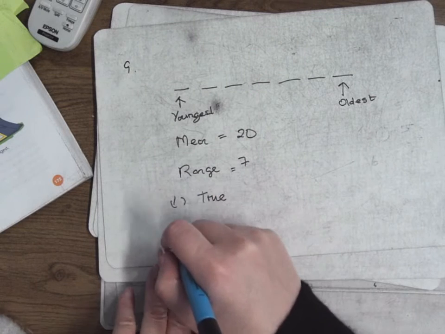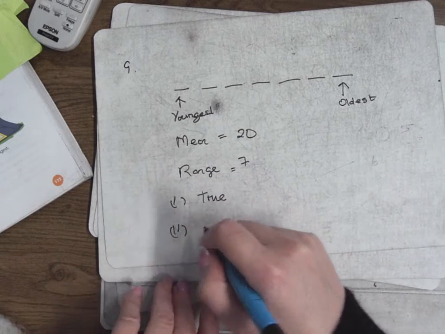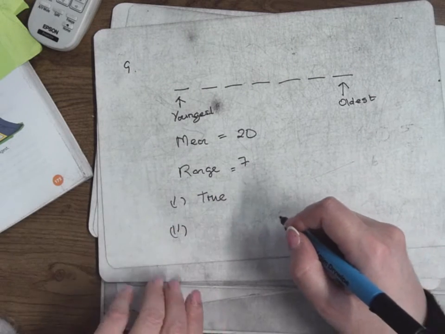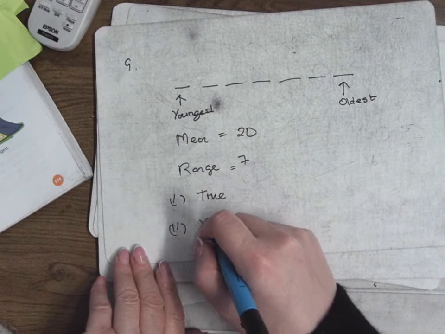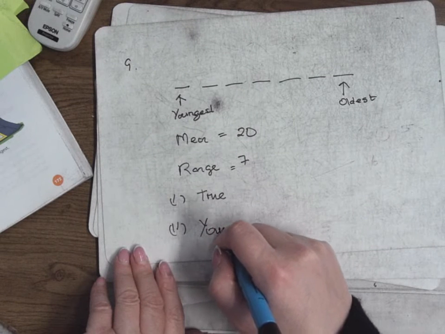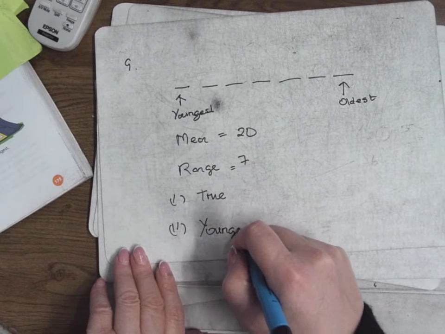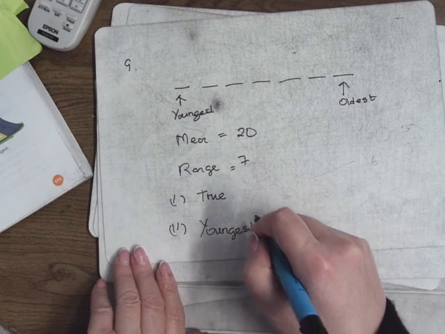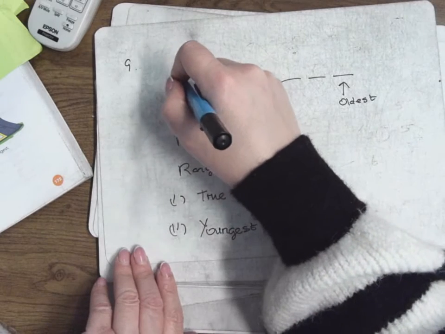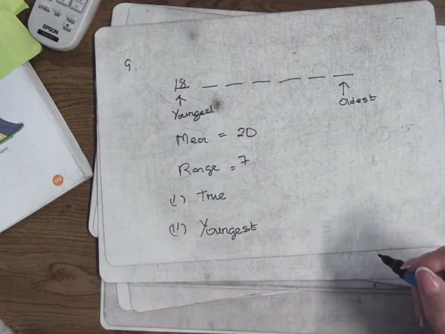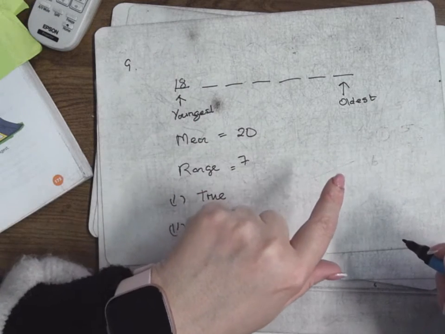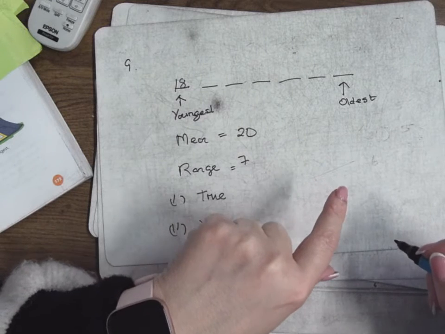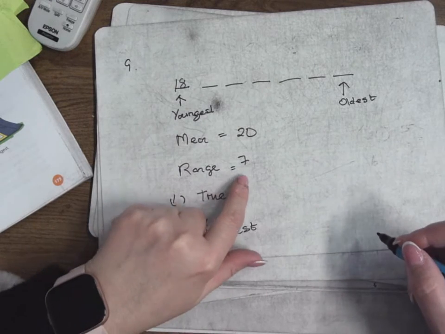Okay. Part 2. The youngest person in the tent was 18 years old. Is that possible? If the youngest person was 18, what would the oldest person be? 25, wouldn't they? Because the range was 7.